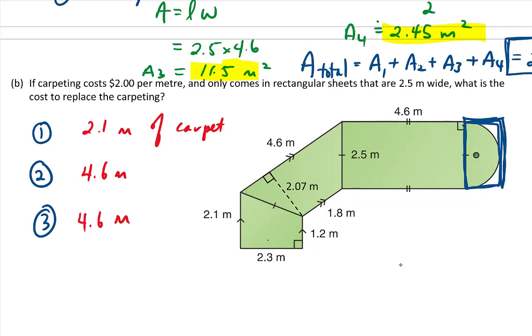And this length here that we're looking for, the amount of carpet we need to buy, remember is the radius of the semicircle, which we figured out in the first part is 1.25 meters. So for section 4, I need 1.25 meters from that roll.